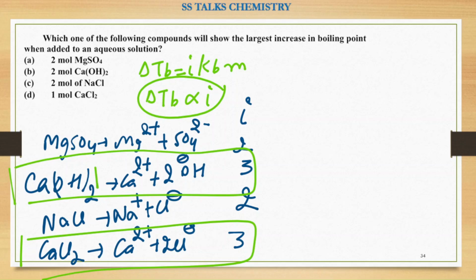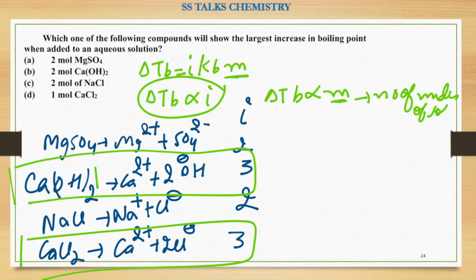But also if you see here, the number of moles given are different. Here the molality term is also important. So delta TB is directly proportional to molality also. And molality is nothing but the number of moles of solute upon the weight of the solvent in kgs. So delta TB is also proportional to the number of moles of solute that you have.